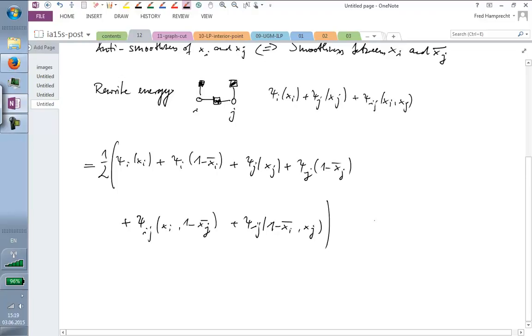And if I enforce that indeed xi is 1 minus xi bar and xj is 1 minus xj bar, then I hope we agree that this is truly an equality here.